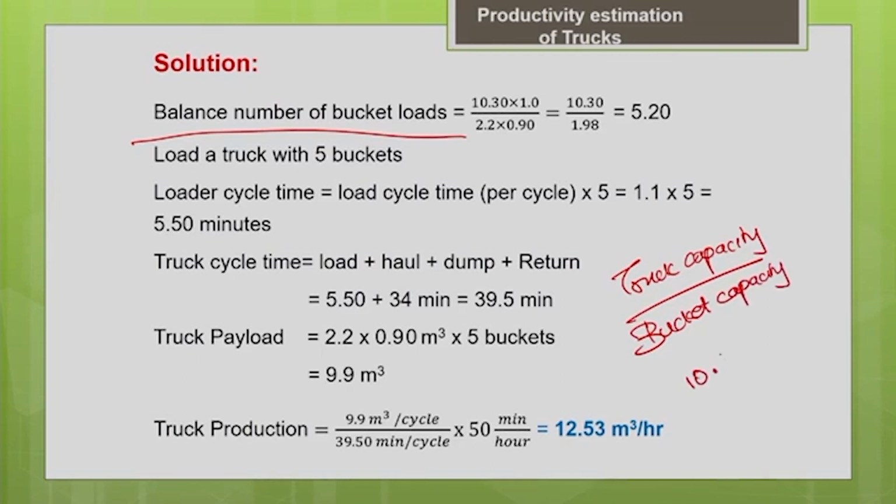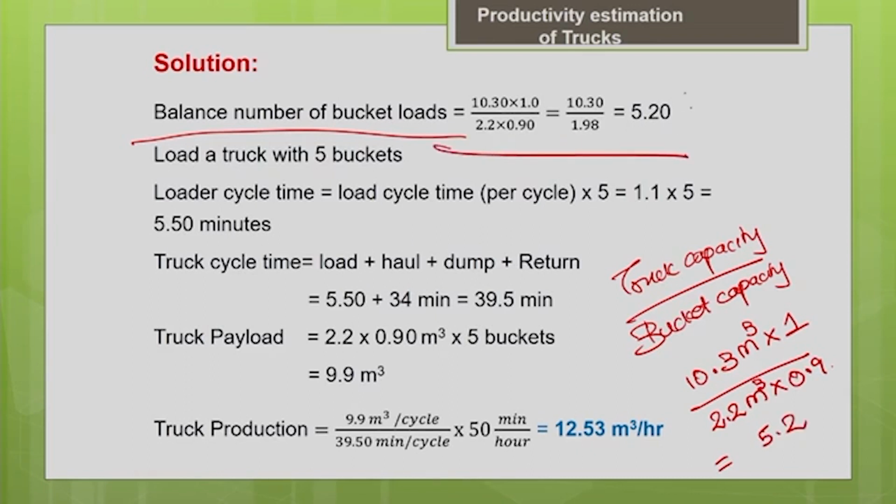It was given as 10.3 meter cube. You adjust it with the fill factor, truck fill factor is given as 1. Similarly, the bucket capacity is given to you as 2.2 meter cube. You adjust it with the fill factor, it is nothing but 0.9. So, you will get the answer as 5.2. Okay, you can see here 5.2 is the balanced number of bucket loads.